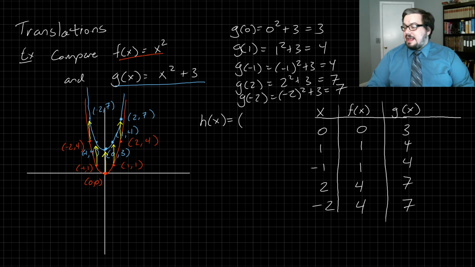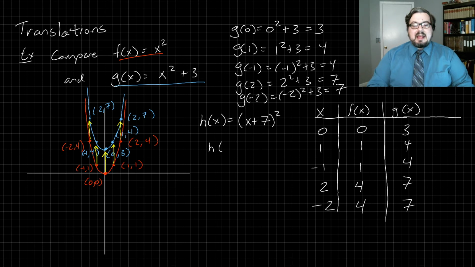So let's look at h of x. In order to save us some space here, let h of x be x plus 7 squared. Now I'm not going to use these same points that we did over here. I'm going to use another set of points in order to make the graph clear.